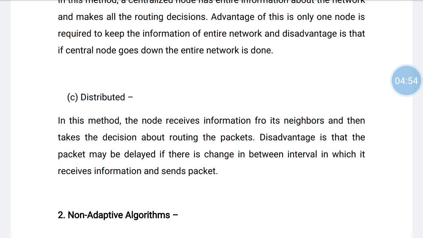In the decentralized algorithm, no node has the knowledge about the cost of all the network links. In the beginning, a node contains the information only about its directly attached links, and through an iterative process of calculation computes the least cost path to the destination.